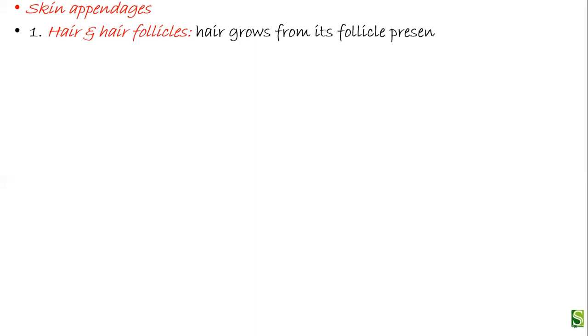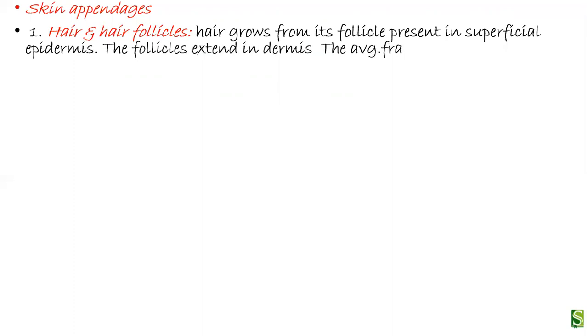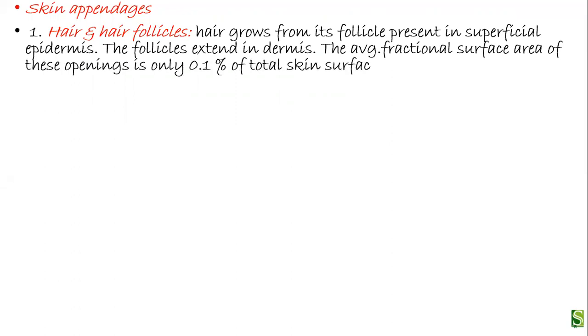Now, let us see what the skin appendages are. The hair follicle and the hair are one of the skin appendages. The hair grows from the follicle, and this follicle is present in the dermis or in the superficial epidermis. The hair starts and grows from the follicle, from the dermis, and it moves upwards.